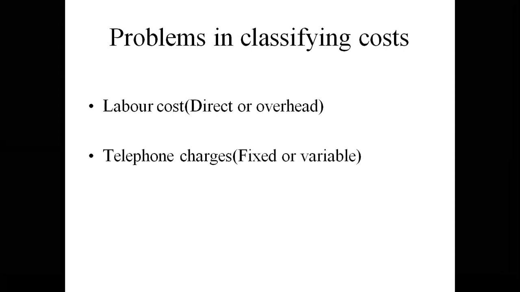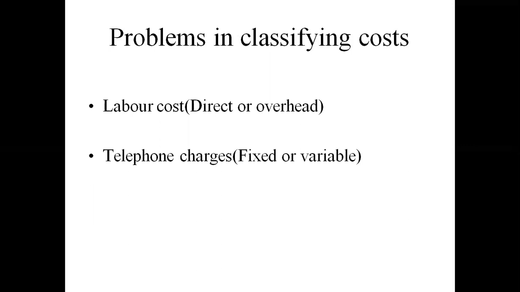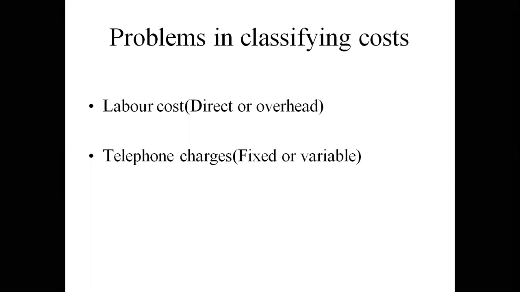We were discussing that labor cost can be direct or overhead. Now, direct costs are normally variable costs, although the definition is different, I told you earlier. It can be overhead as well. For example, if a worker is given a certain wage on the basis of the items produced, let's say $2 for each unit produced, obviously this is a direct cost.